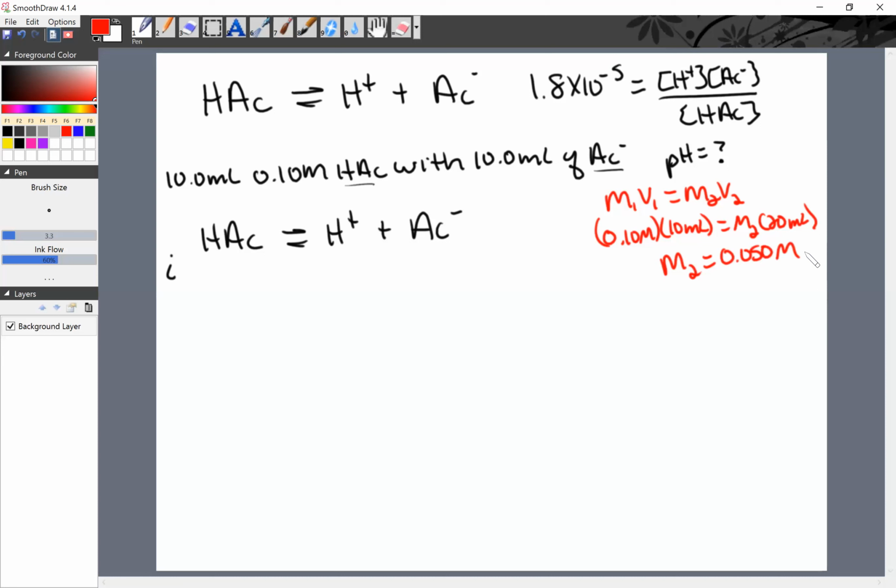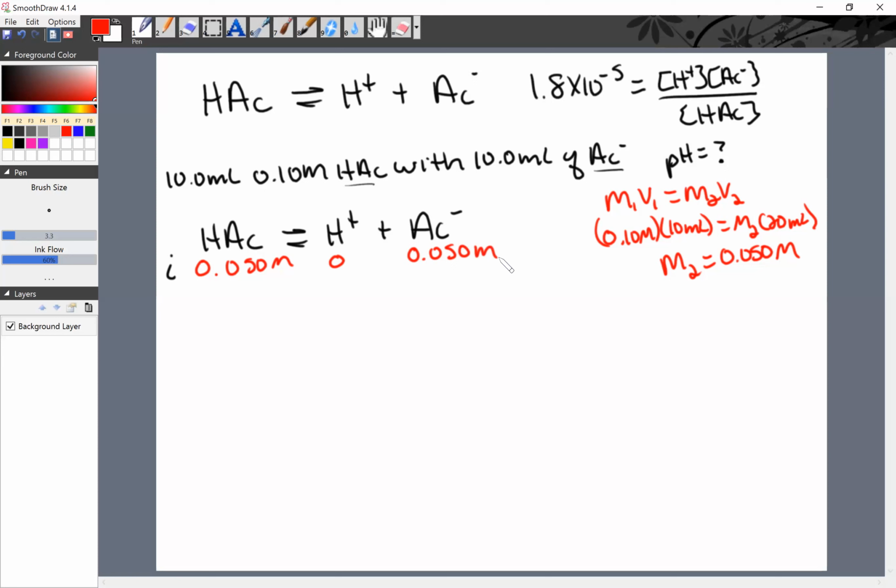Because my initial concentration here, when I'm starting equilibrium, means the concentration at that moment, not necessarily what you put in. So I'm actually going to plug in 0.050. And how many sig figs do I get? Just the 2. I didn't start with any protons, but again, I had 10 mL of the acetate and 10 mL of the acetic, so this one also gets diluted.